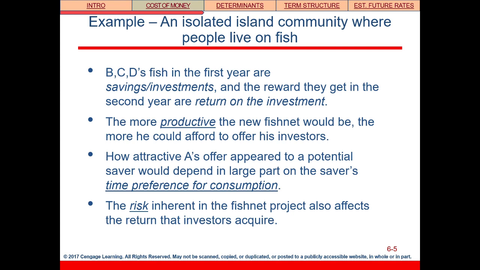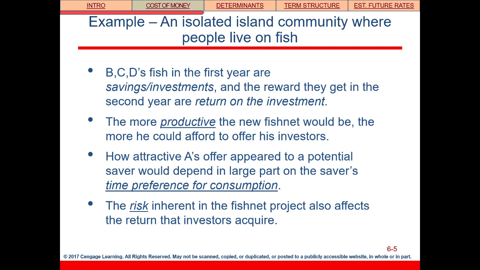Then in this case, if he fishes 10 fish every day, his family is going to starve, right? So he has to fish at least 20 fish every day for the family to survive. Then in the end, he only has 2 fish left, and you want him to give A 1 fish. In this case, his budget is quite tight, right? So he would definitely think about it carefully. He wouldn't just invest easily like B.